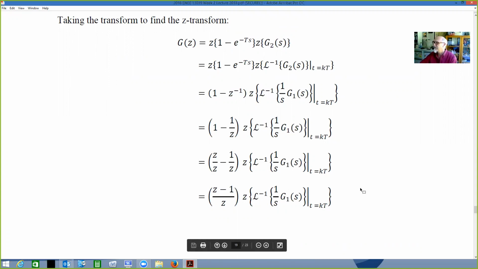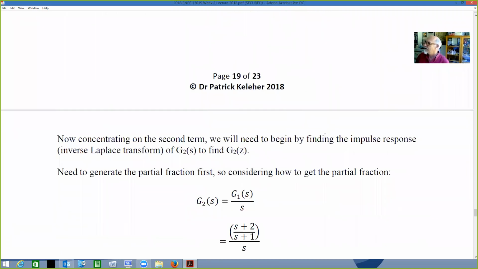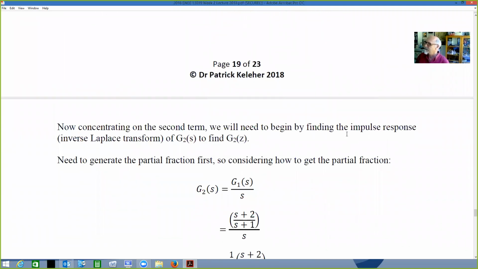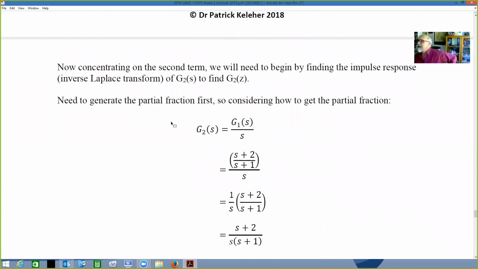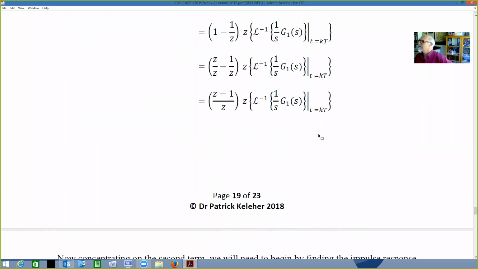Remember, that's 0.5. Okay, now concentrating on the second term, we will need to begin by finding the impulse response, or the inverse Laplace transform, of G2 of s to find G2 of z. So okay, now generate the partial fraction first. If you look up here, we're going to concentrate on this term here. We're going to find the Laplace transform of that, evaluate it at T, which is 0.5 in our case, then take the Z transform, and then we're going to be coming back to that expression.